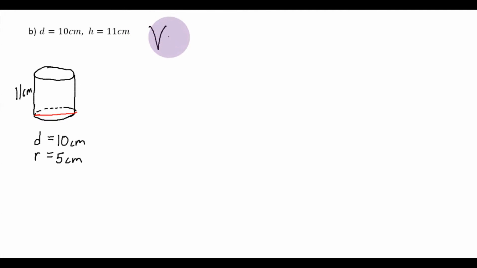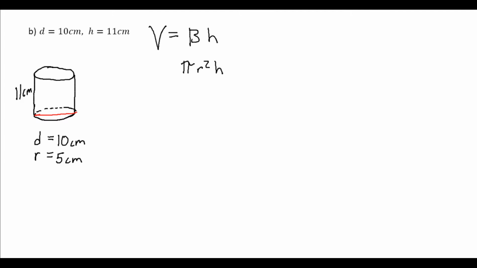Now we can use our volume formula. So the volume of the cylinder is V equals capital B times H. Now capital B represents the area of the base shape. So the area of this base shape would be the area of a circle. The area of a circle is pi r squared, so pi r squared times H. Alright, from here we can just substitute values.